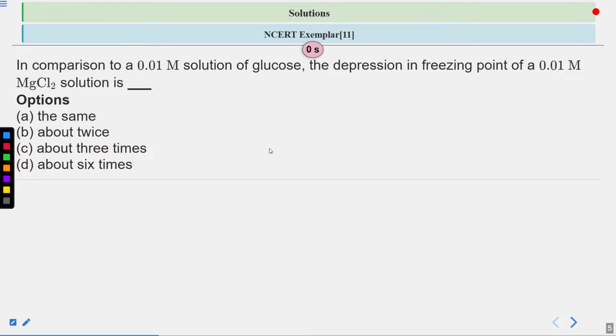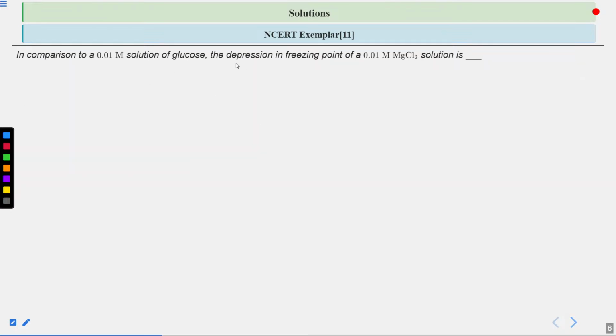Okay, let's see. So for this given question, the correct answer is option third, which is about 3 times. So basically, the comparison between the depression in freezing point of the two given solutions is 3 times.